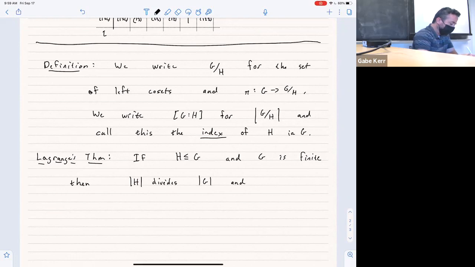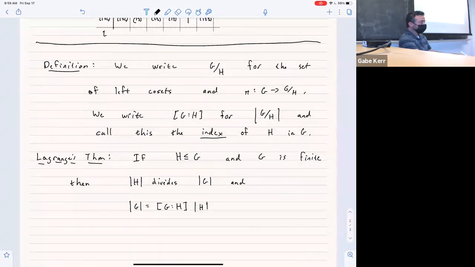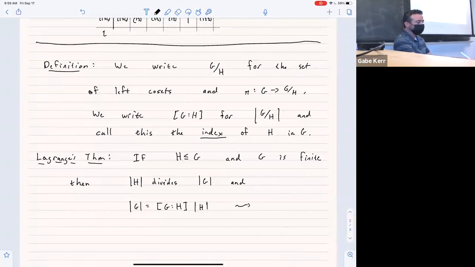And furthermore, we have an equation. In fact, the number of elements in G is equal to the product of the index with the number of elements in H. We can reread this equation, by the definition of index, as: if I take the set of left cosets and take its cardinality, this is equal to the quotient of the cardinalities.